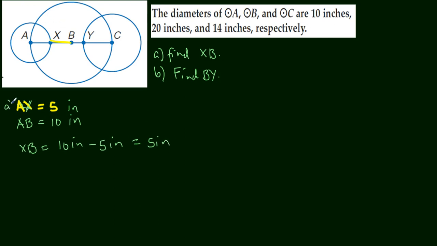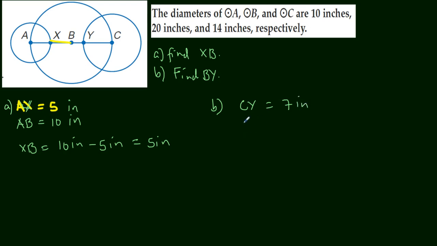This is our A. Let's say about our B. Find BY. It's the same there. CY is equal to half of 14 inches, that's 7 inches.